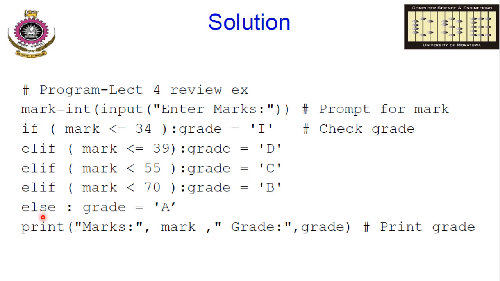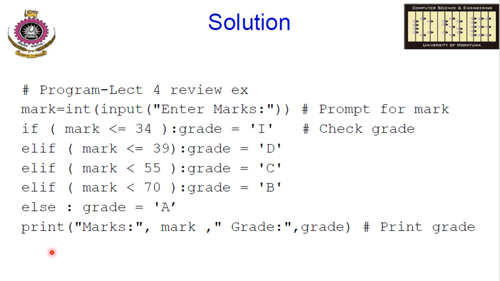Finally, we have the else block. If none of these conditions are fulfilled, the program execution will come into the else block, and in that the grade will be assigned as A. So that is the logic that this program implements.